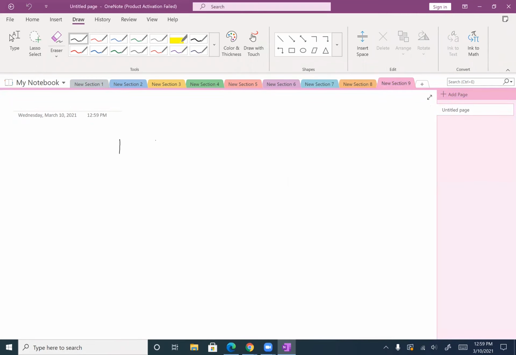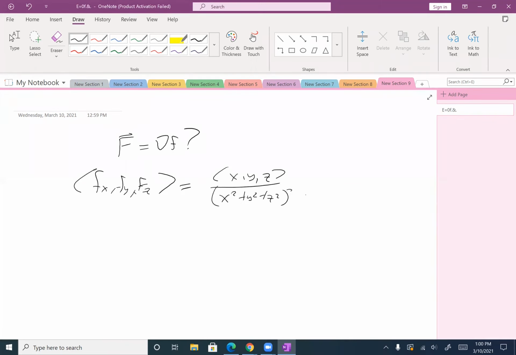So I think let's now move to the gradient. In other words, we should have fx, fy, fz equal to xyz divided by x squared plus y squared plus z squared. So if we do the x part, for example, then really what we do is we just integrate those things.